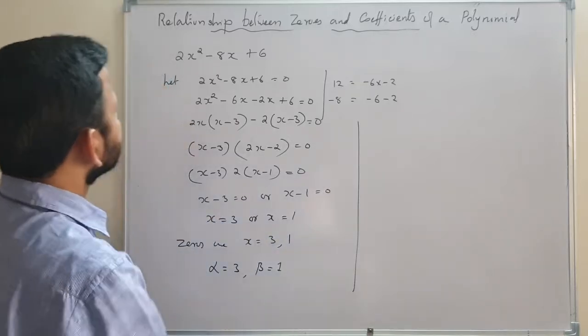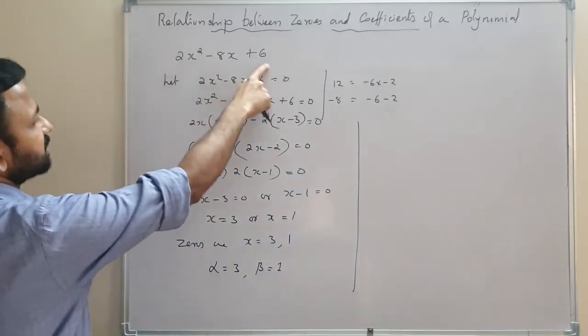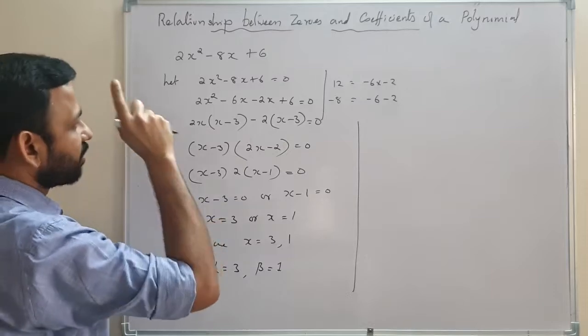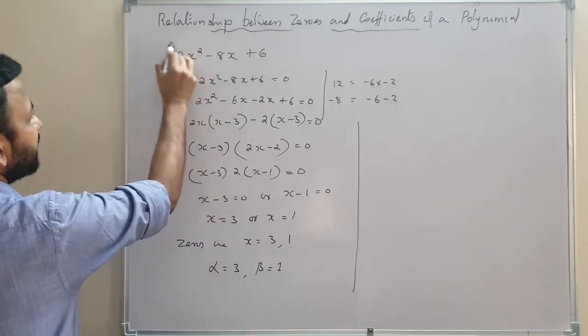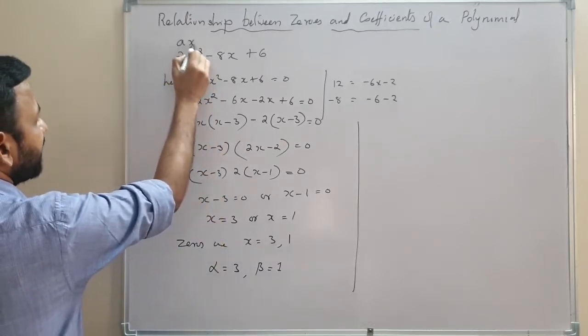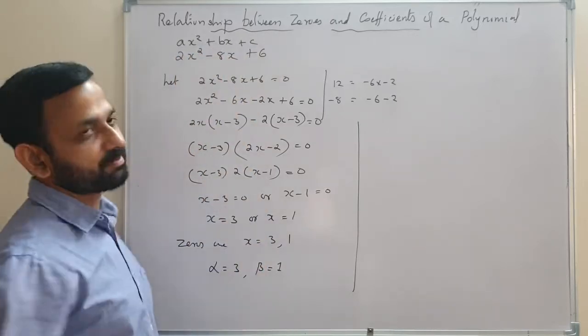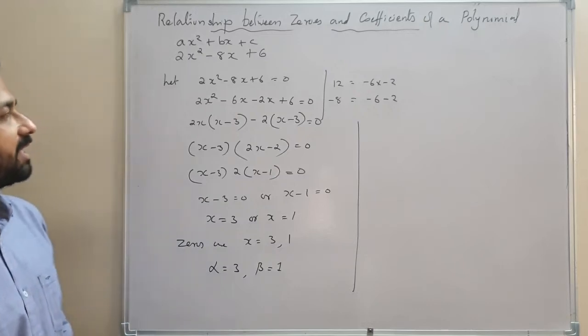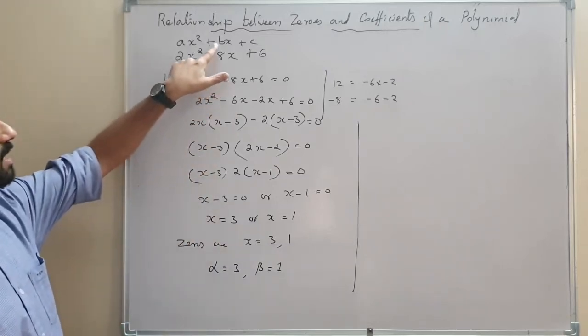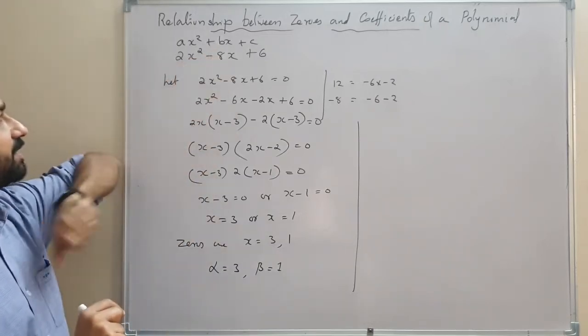Now 2x square minus 8x plus 6 is a quadratic polynomial, and the standard form of a quadratic polynomial is ax square plus bx plus c. Here we can find the relationship between the coefficients.